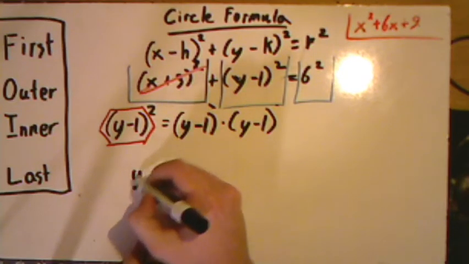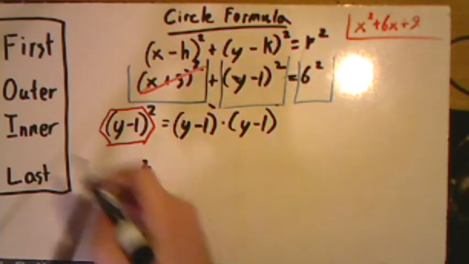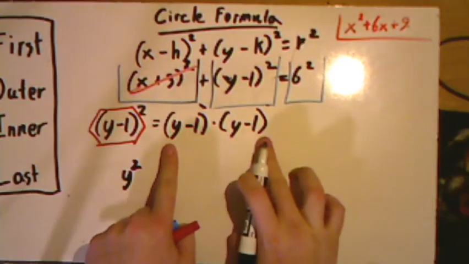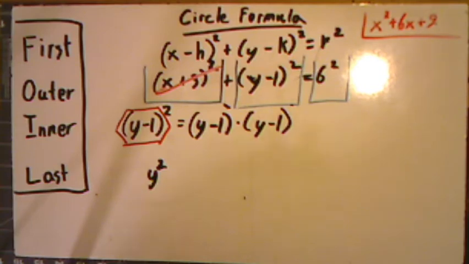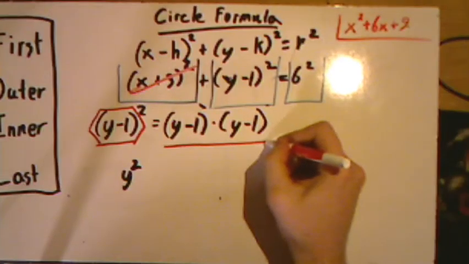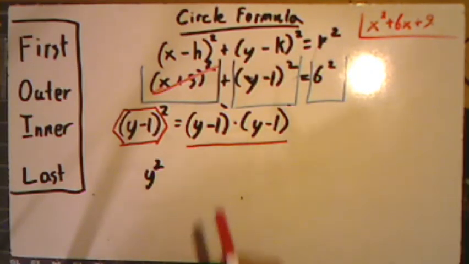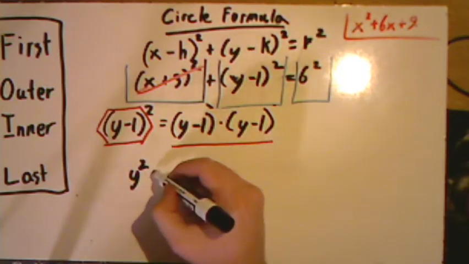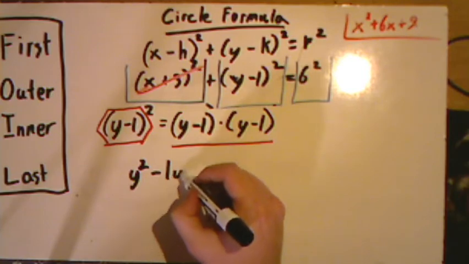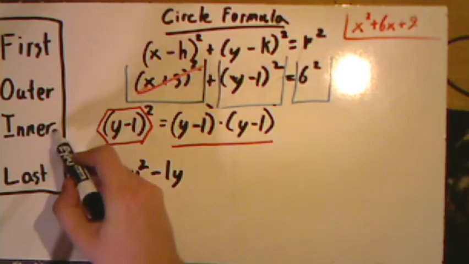That is y squared. Outer, so we look at the outsidemost for everything as a whole entity. So this entire equation, the outside terms, that would be y and negative 1. Y times negative 1 is equal to negative 1y. Now let's look at the inner.